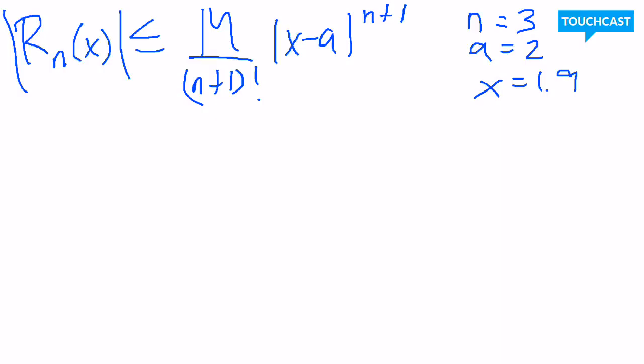So in this case, the interval is the interval between the a value and the x value I want to use. So the a value is 2, the x value is 1.9. So the right-hand side of that interval is at 2.